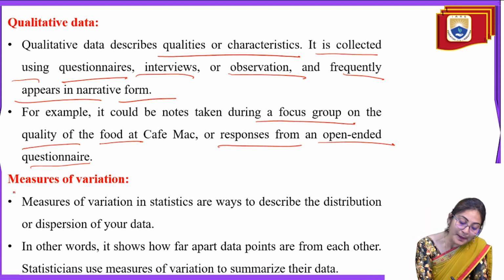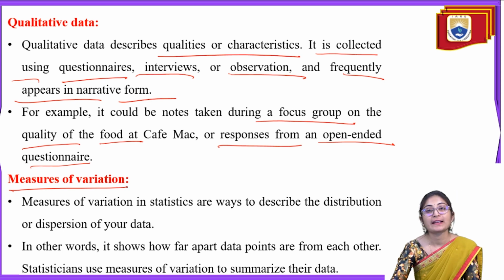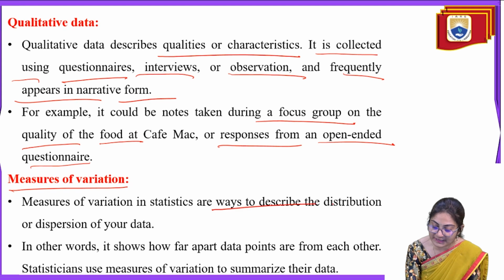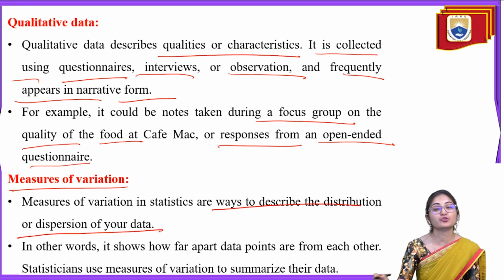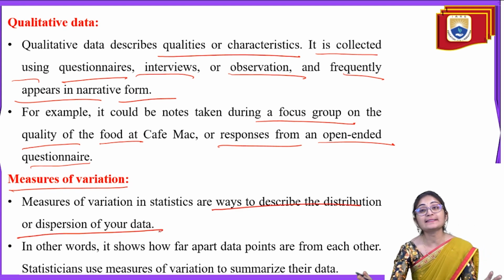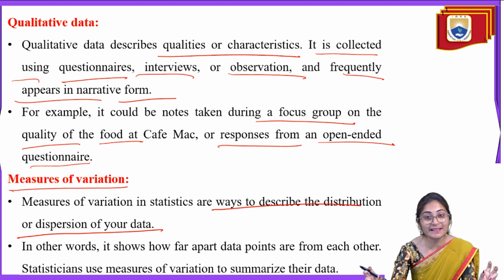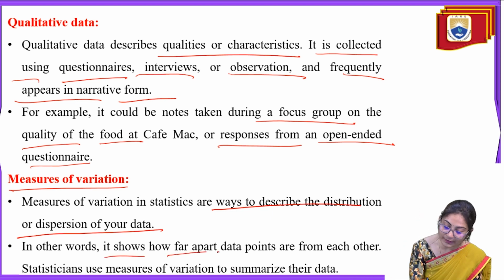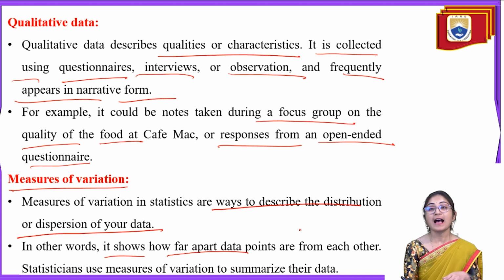Then next one is measures of variation. The measures of variation in statistics are ways to describe the distribution or dispersion of your data. In other words, we can say it shows how far apart data points are from each other.